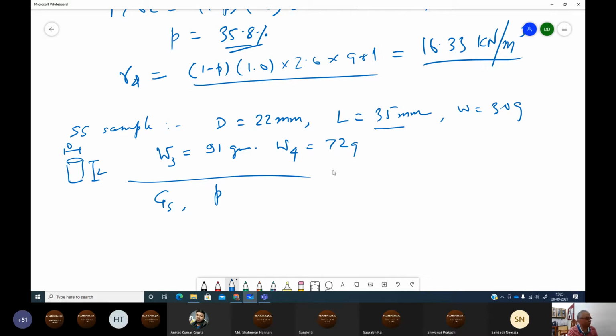W3 and W4. W3, can anyone tell me what it is? Pycnometer plus sample plus water. Perfect. And W4 is pycnometer plus water. So this is given.